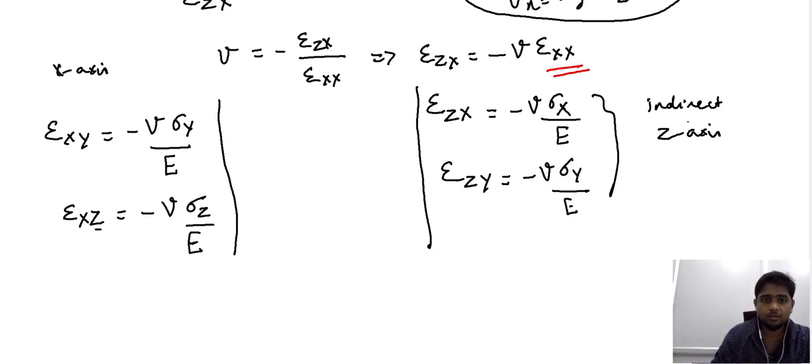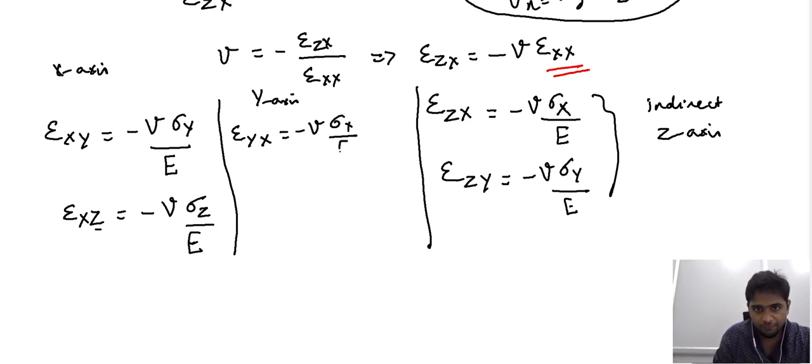What is left is the indirect response along the y-axis, which can be represented as epsilon y, and this response is brought about due to the load along the x-axis, and therefore the expression is of this form. In the same way, there is also a response along the y-axis that is brought about by the loading direction z. So this is represented in this manner.